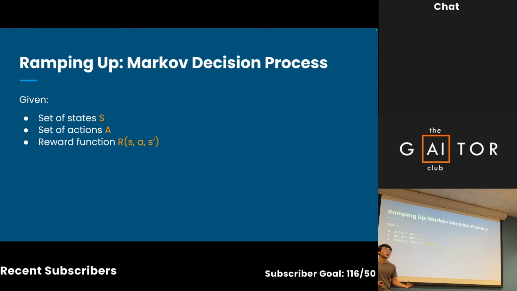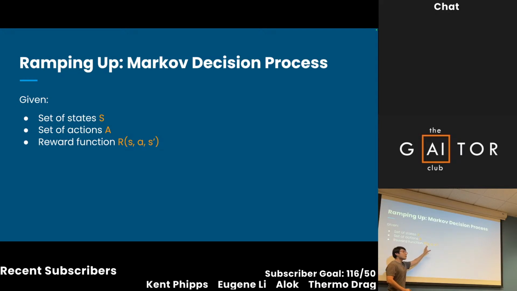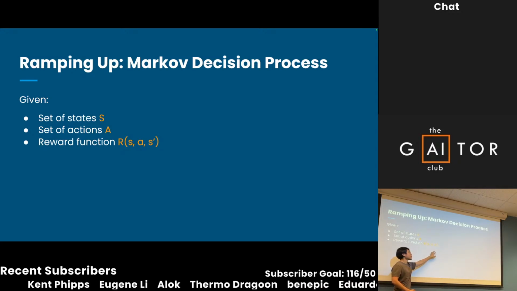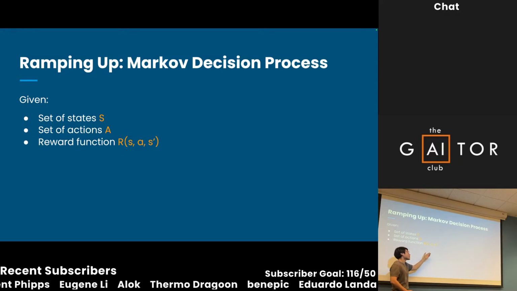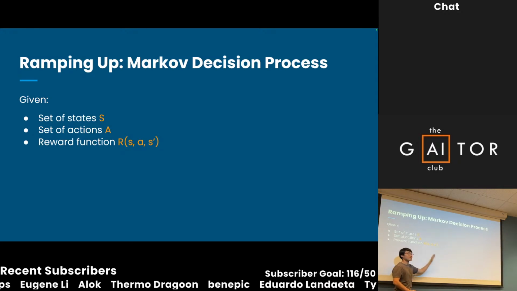We also have a reward function, which we didn't have in the Markov chain. The reward is going to be something associated with the state, action, and next state. So this S prime just means the state at the next time step. A reward function doesn't necessarily have to use all of these three variables, but it can use up to these three variables. So a reward function might be defined solely in terms of a state.